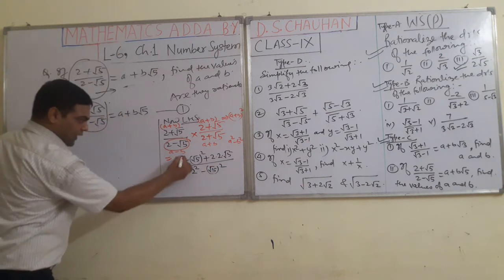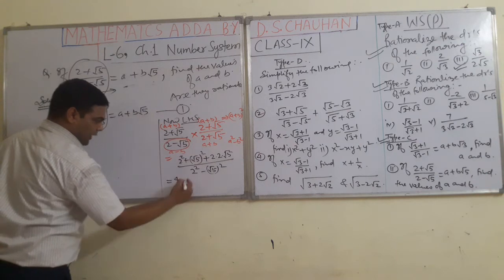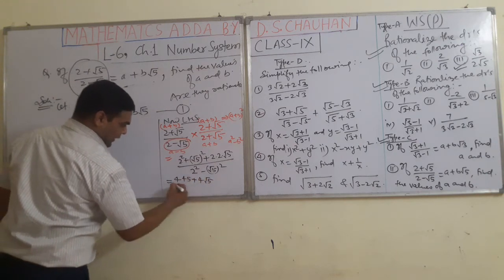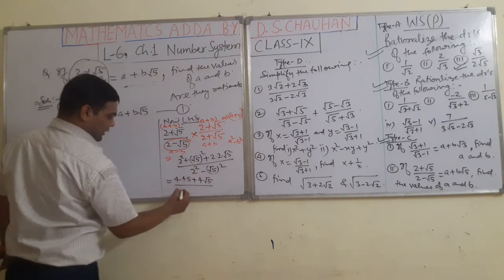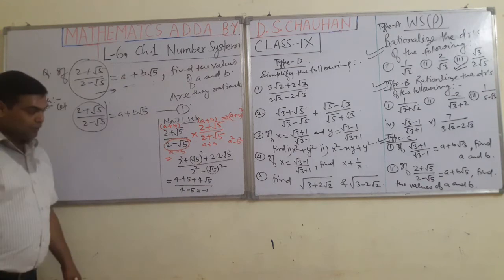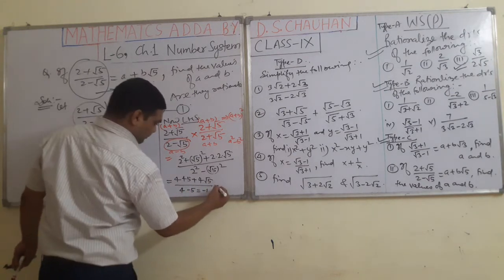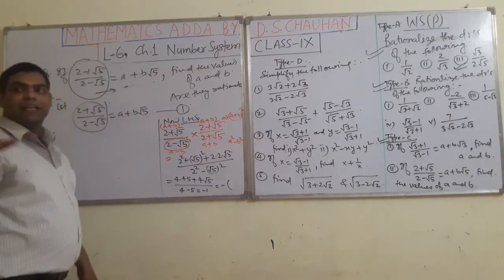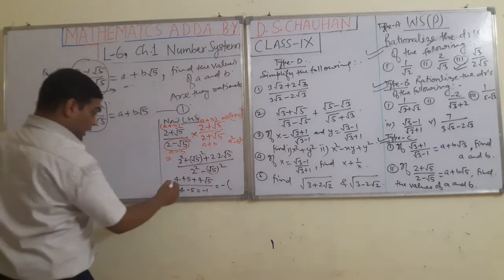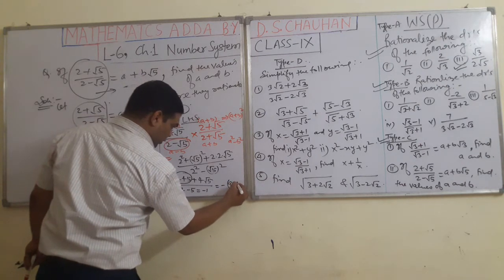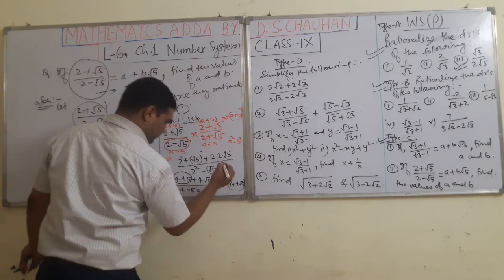Simplify, what will you get? These two 2s are 4, this is 5, and this is 4 root 5, getting divided by 4 minus 5, which is minus 1. So what can you note down? Minus 1 times, simply it can be treated as minus, and here 5 plus 4 is 9, this is 9 plus 4 root 5.